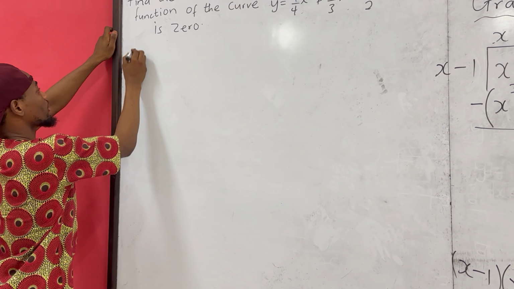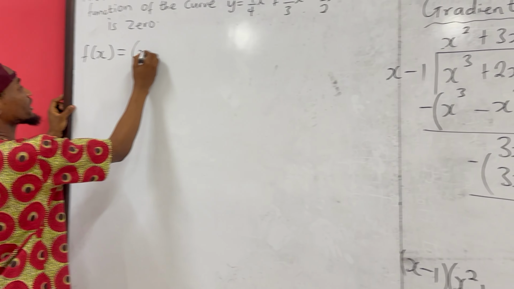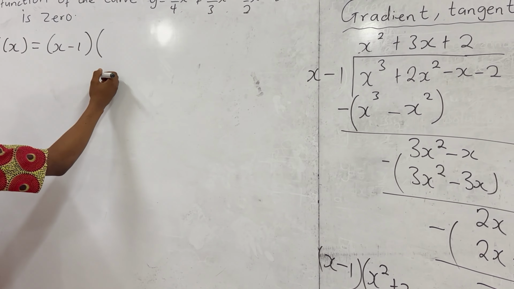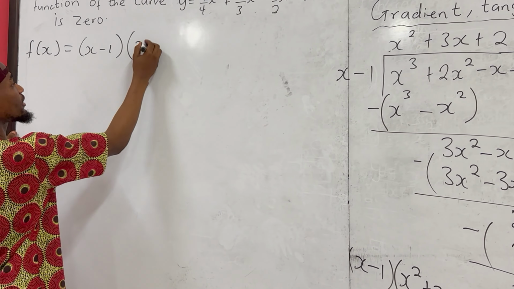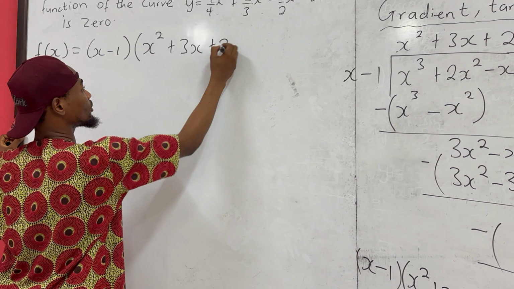So f of x is equal to the divisor x minus 1, then the quotient was x squared plus 3x plus 2.